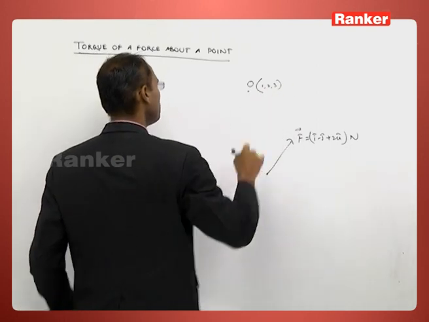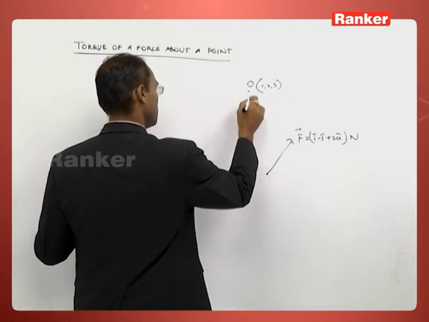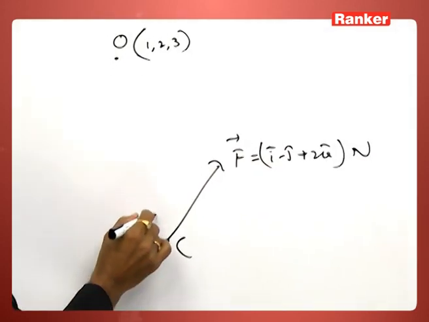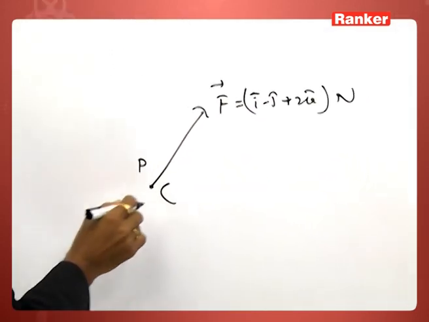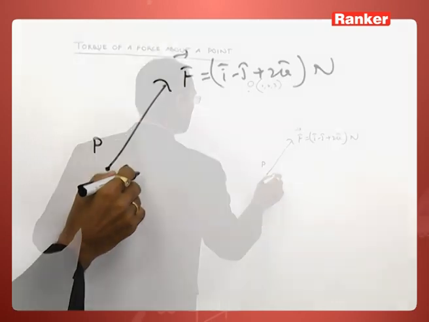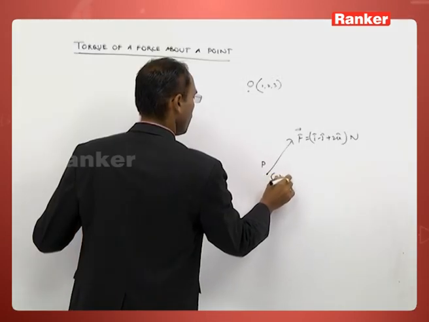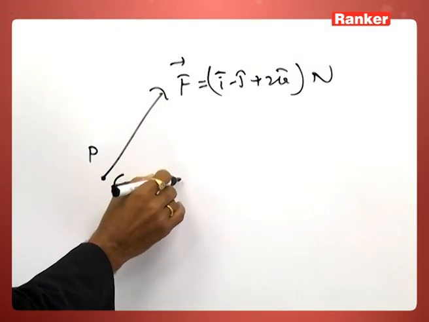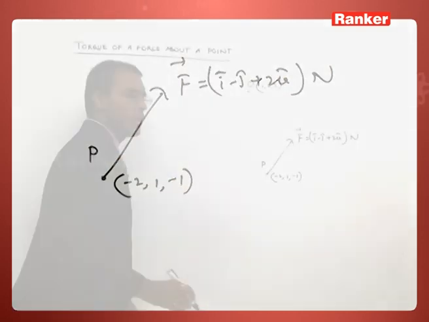These are all in MKS units. The point where you are applying the force has coordinates -2, 1, say -1.